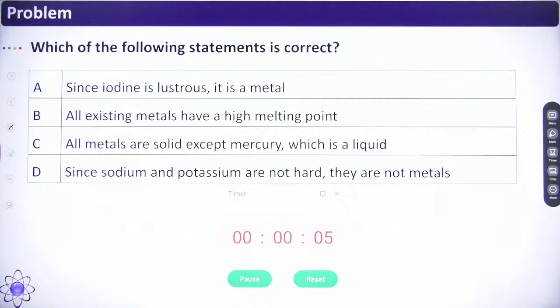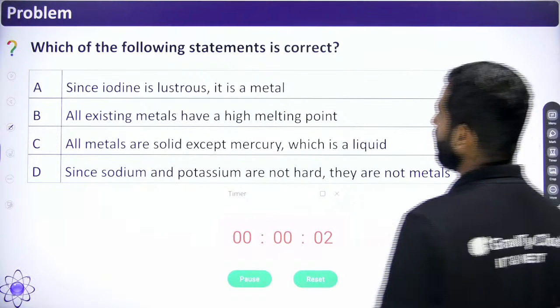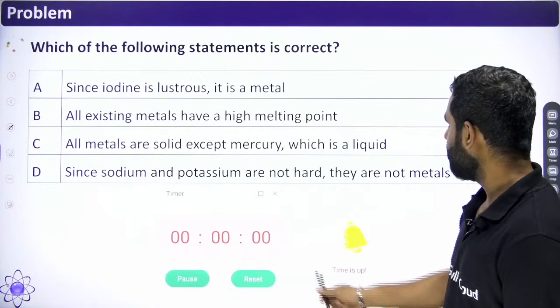Yes, 5 seconds more, and then we go ahead with the next point, right?